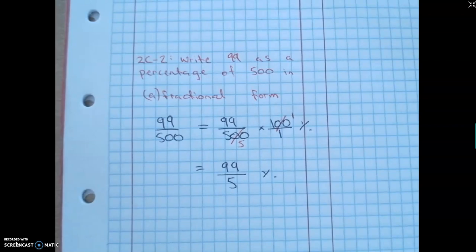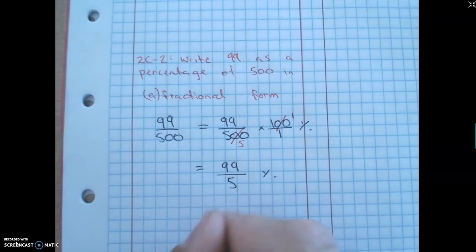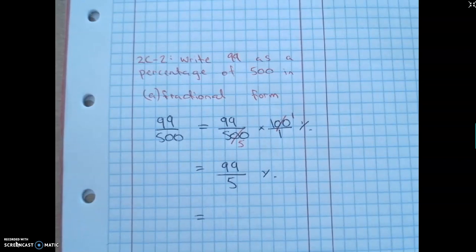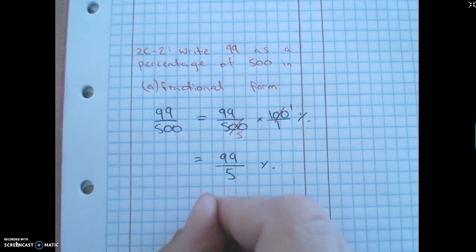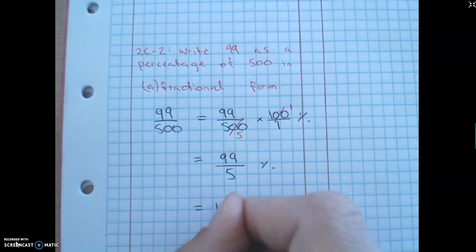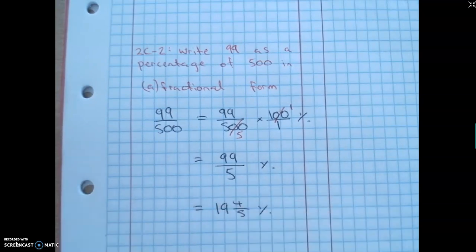Alright, so you could leave it as an improper fraction, but just note that this is a percentage. So the percentage is 99 over 5. Or if you wanted to write it as a mixed number, you could. Again, I'm not too particular whether you leave it in improper form or mixed number form. So that becomes 19 and 4/5.